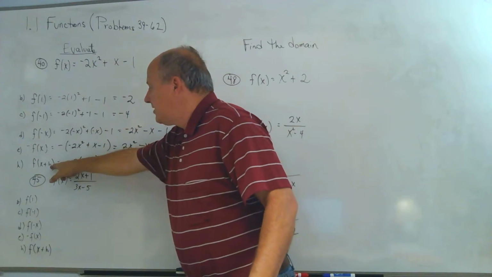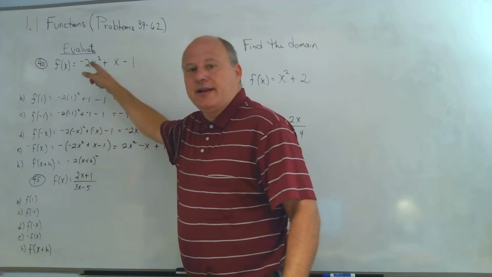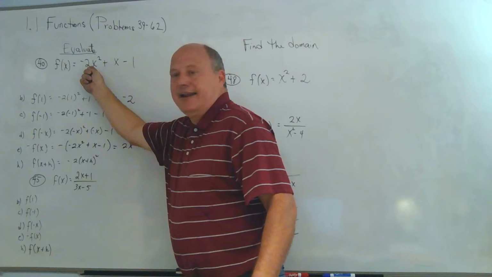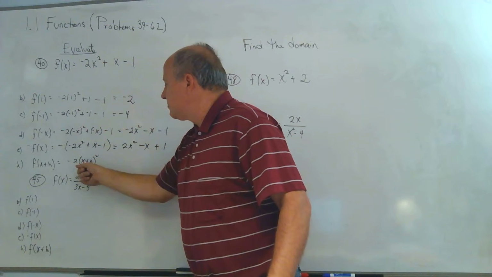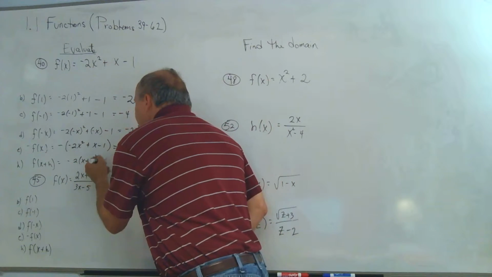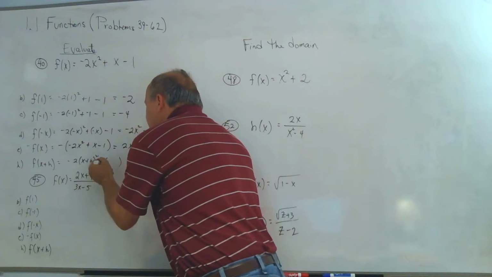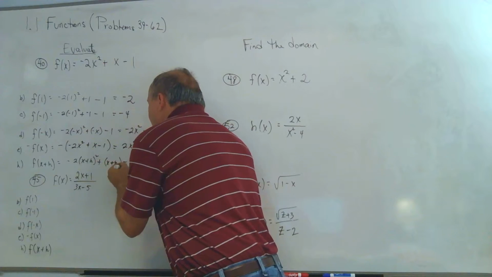If what's in the hopper is bigger than x, so be it. So that's why I have negative 2 times x plus h squared plus the input. Well, what's the input? The input is what's in the hopper, x plus h, and then minus 1.